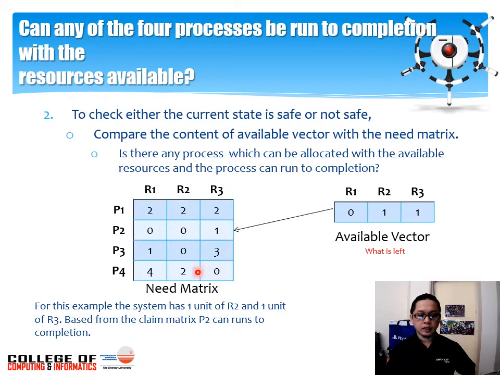From this need matrix, you can see that based on the available resources, currently you can only entertain P2's request, because P2 just needs one more unit of resource 3. And based on your available vector, you have 1 unit of R2 and 1 unit of R3. So of course, based on that logic, P2 can proceed.